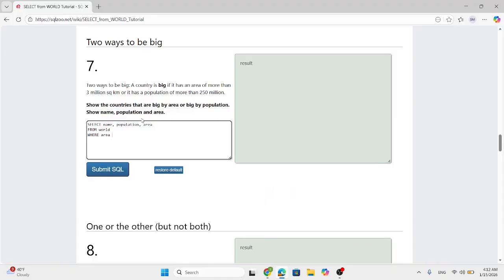Where area more than 3 million square kilometers, or population of more than 250 million.